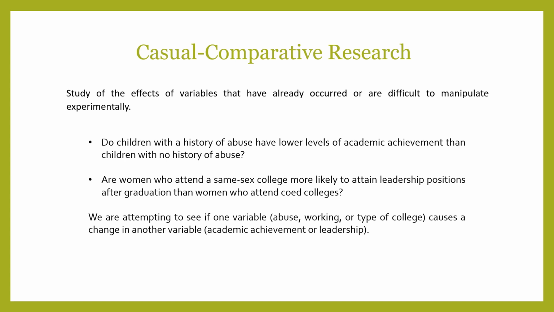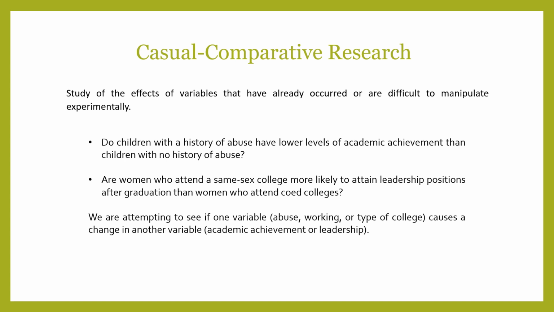And here we have two examples, two questions. The first one says, do children with a history of abuse have lower levels of academic achievement than children with no history of abuse?